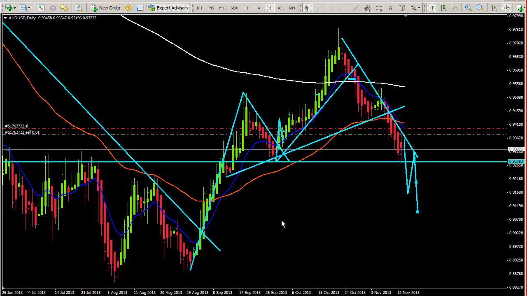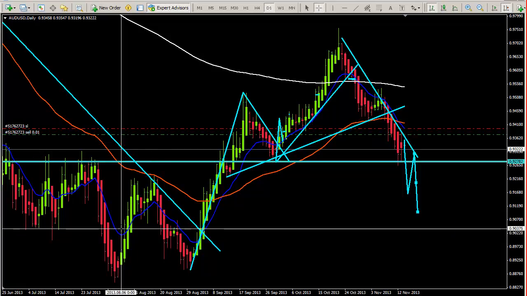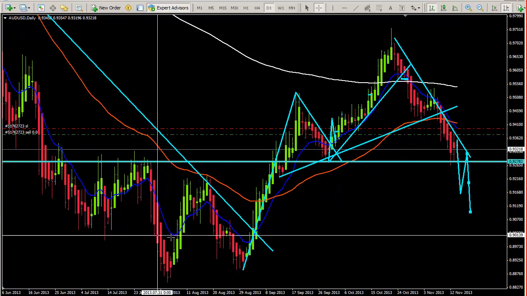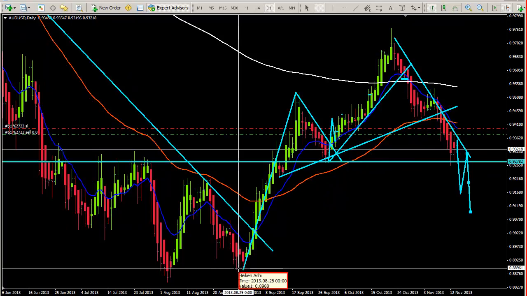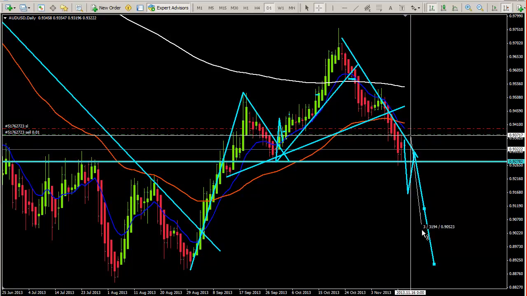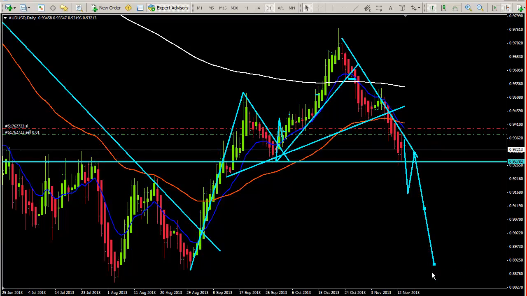And that means targets should be here, the 90 area, of course. That's our next support. And of course, later on, the lows close at 0.88. It's a good target to have for now, and it is between 300 and about 400-500 pips away.